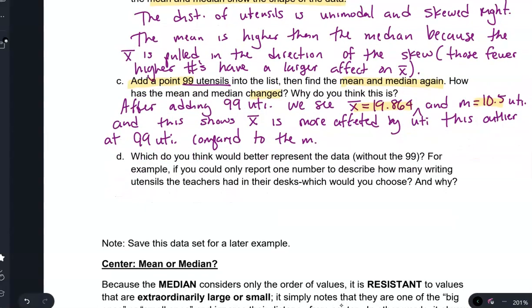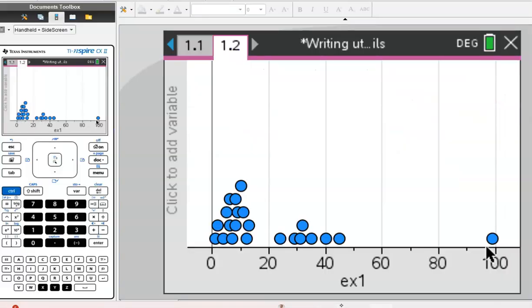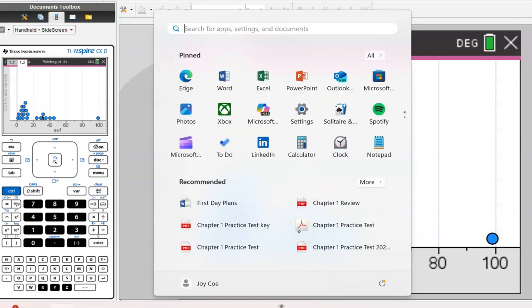All right, so what do we think would better represent the data without the 99? So for example, this is going back to what I said earlier. If you could only report one number to describe how many writing utensils are on teachers' desks, which one would you choose and why? So I hope you see how the median is a better measure of center, whether or not we include the 99 actually. The median really tells us where most of the numbers are, and it ignores those few numbers that we see there.